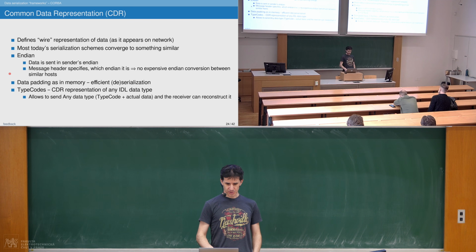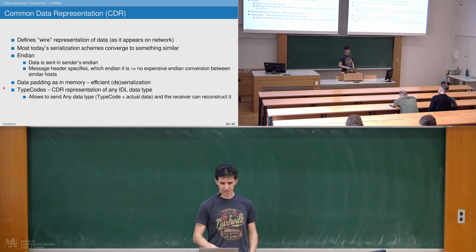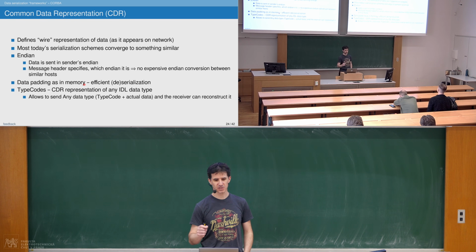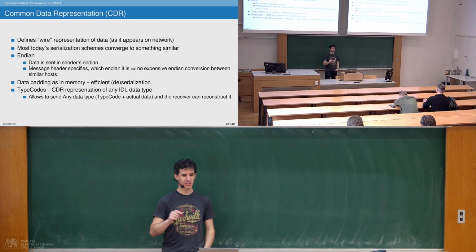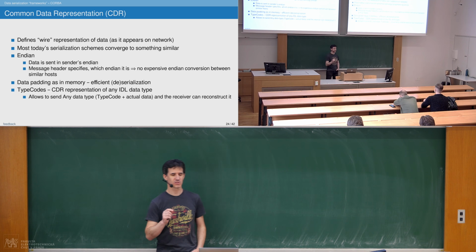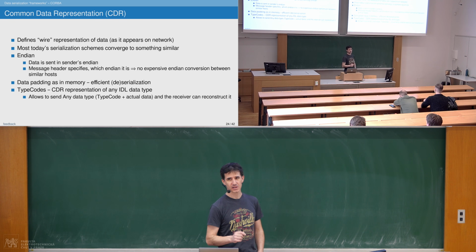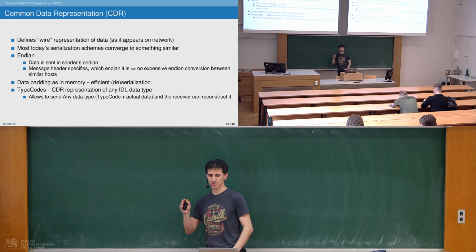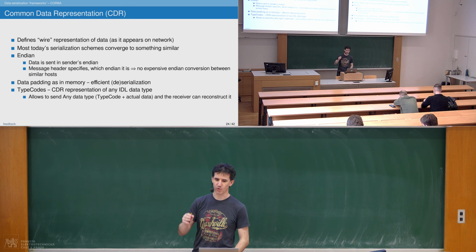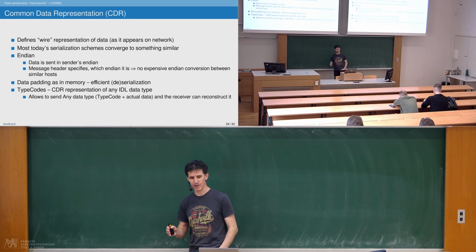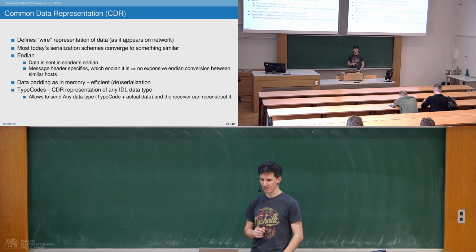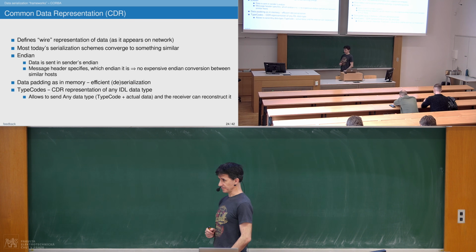And the second feature of Corba is that data padding in the messages sent over the network is the same as what the C compiler would do in memory. So all fields are naturally aligned: 4-byte fields are aligned to 4 bytes, 8-byte fields are aligned to 8-byte addresses, and so on.